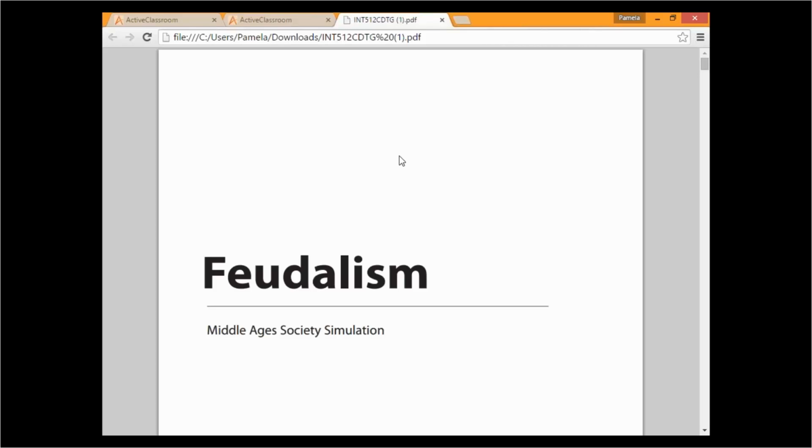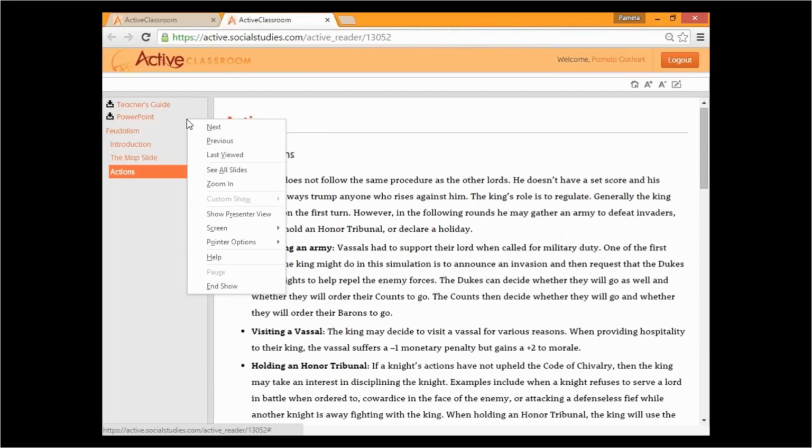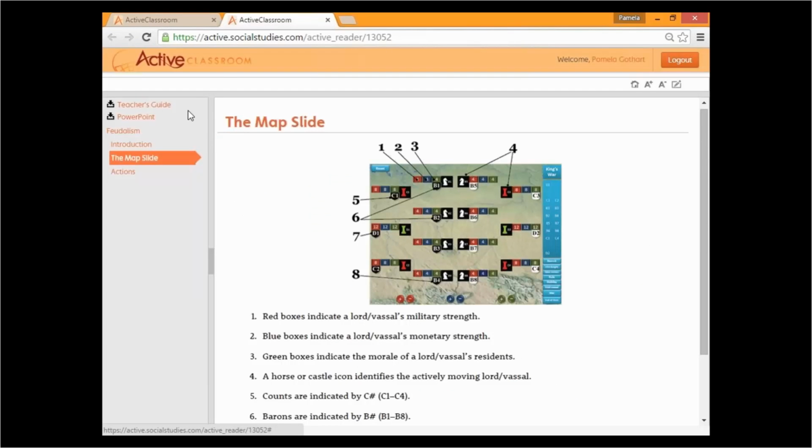This simulation is a computer-generated simulation on feudalism. So we're going to look at our PowerPoint over here in our table of content. We have teacher's guide, PowerPoint, and then a variety of information here. We can see that this is going to be an online game with downloadable PowerPoint, which is how the game proceeds.